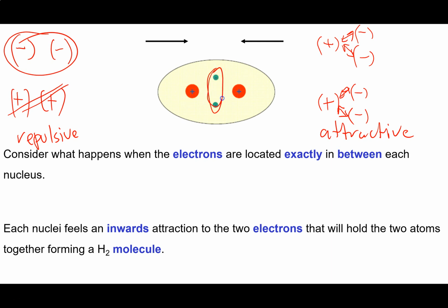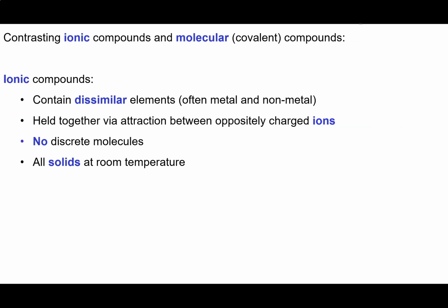If their electrons sit in between the two nuclei, exactly halfway in there, each nucleus will feel an inwards attraction towards those two electrons, and that'll hold the two atoms together, forming an H2 molecule. So a covalent bond is the attraction that two nuclei will feel towards a pair of shared electrons. That's literally what a covalent bond is.